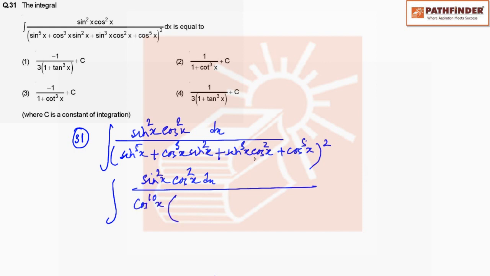We can take cos to the power 10x outside, then it will be (1 plus tan square x plus tan cube x plus tan to the power 5x) whole square.